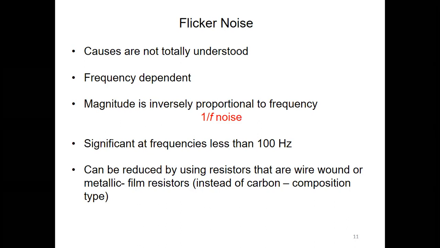And one way to reduce this flicker noise is by using resistors that are wire wound or metallic film resistors. In most instruments, these resistors are made of carbon composition. Instead of carbon composition, we can replace the resistors with wire wound or metallic film resistors. If we do that, we can reduce the amount of flicker noise.